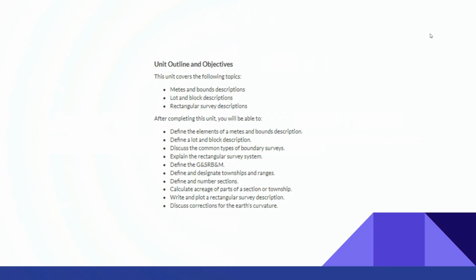After completing this unit, you will be able to define the elements of a metes and bounds description, define a lot and block description, discuss the common types of boundary surveys, explain the rectangular survey system, define the GNSRB and M, define and designate townships and ranges, define and number sections, calculate acreage of parts of a section or township, write and plot a rectangular survey description, discuss corrections for the earth's curvature.